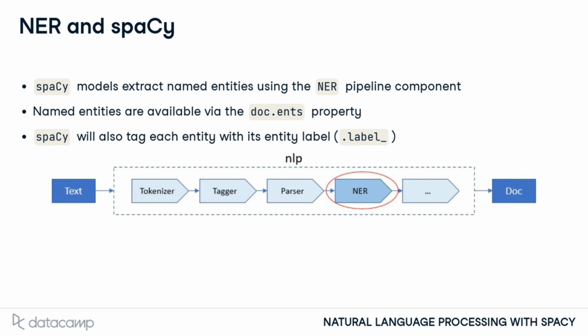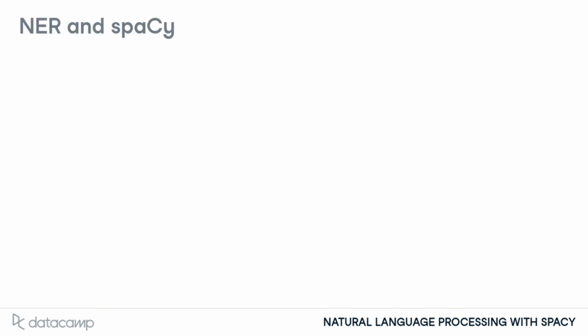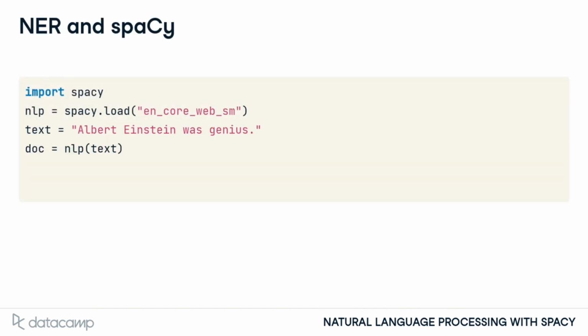The label of an entity is available via the .label_ property. The code snippet illustrates how we extract named entities from "Albert Einstein was genius."